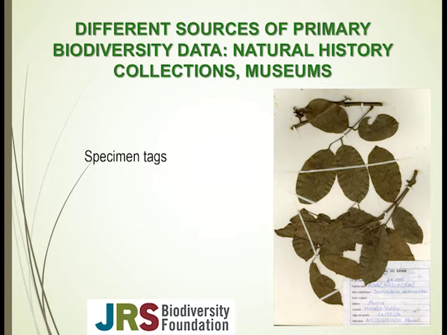Now, where can we find the primary biodiversity data? What are their sources? First of all, they are natural historical collections inside herbaria globally and inside museums. The information is found on specimen tags like what you have here.